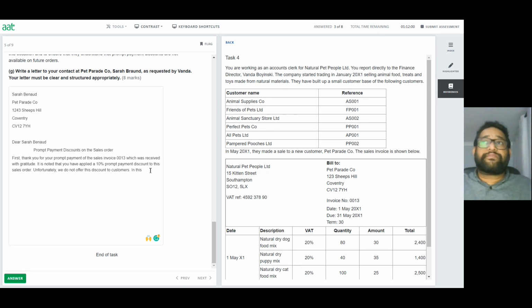We will say, in this instance, we will allow this discount as a gesture of goodwill. This instance, it's not going. There you go.